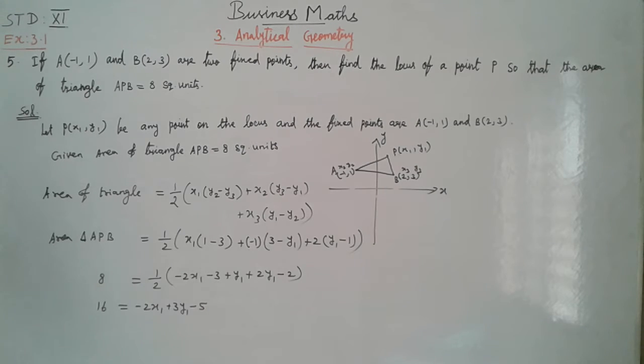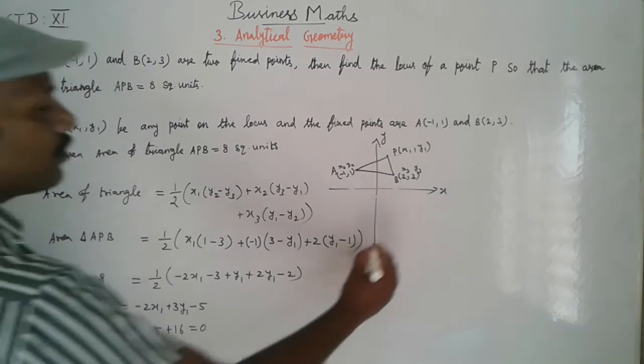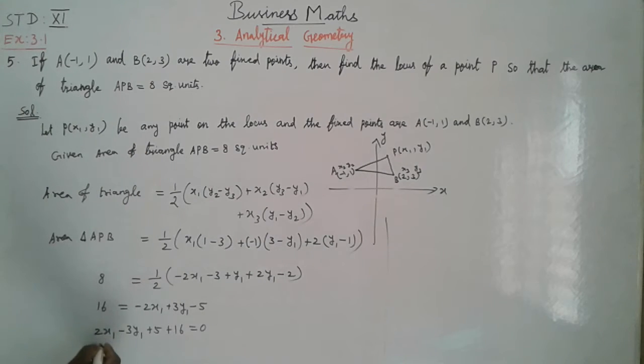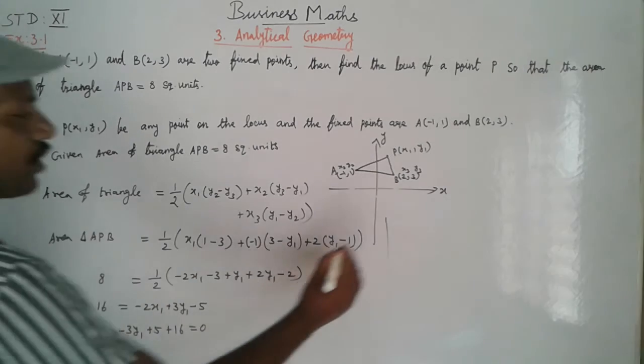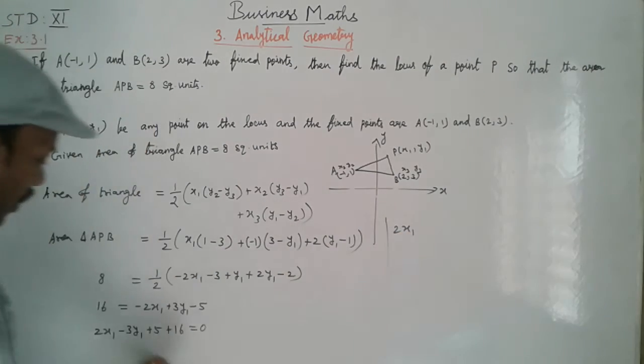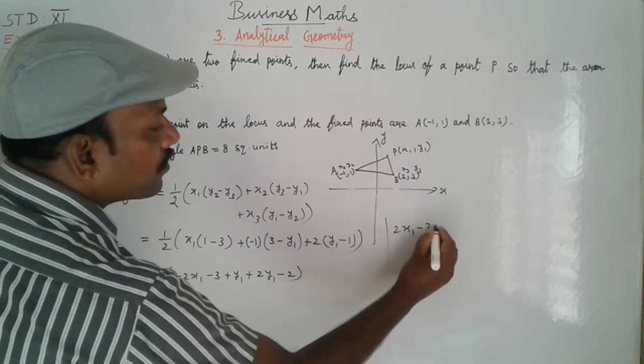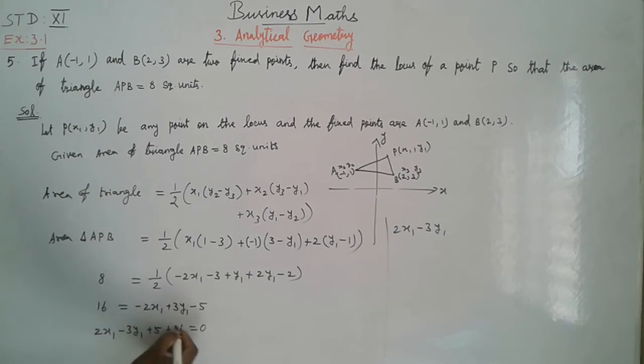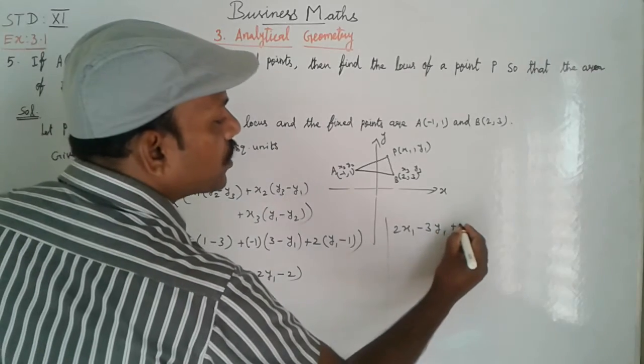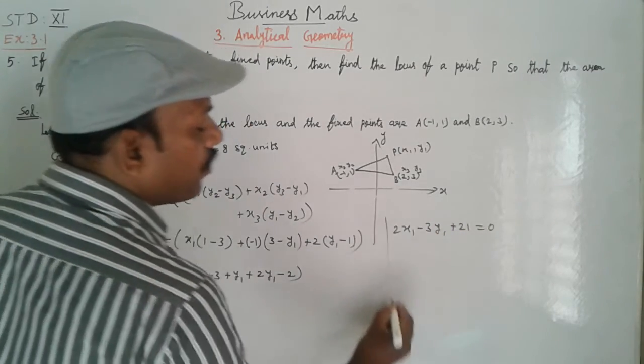These terms we should take to the left, so the symbols change: 2x1 minus 3y1 plus 5 plus 16 equals 0. Then we write 2x1 minus 3y1 plus 21 equals 0.